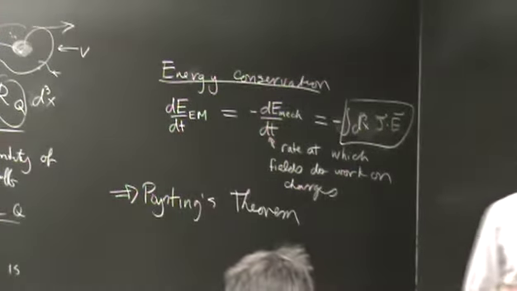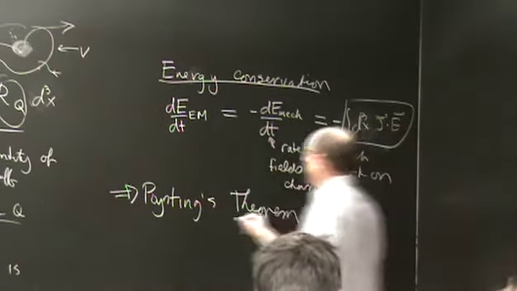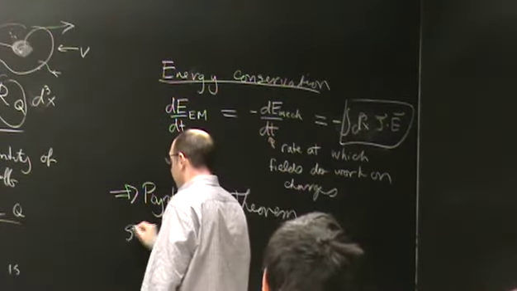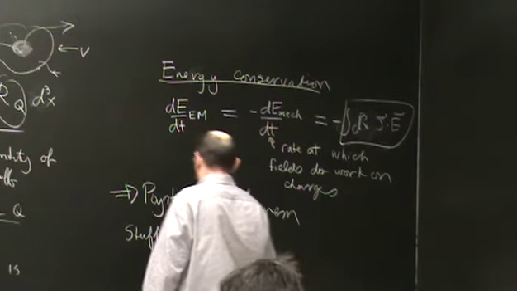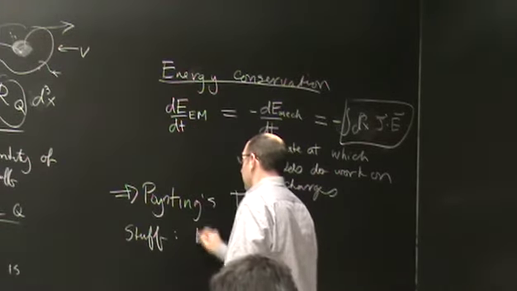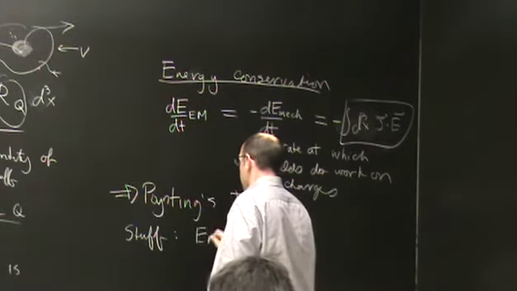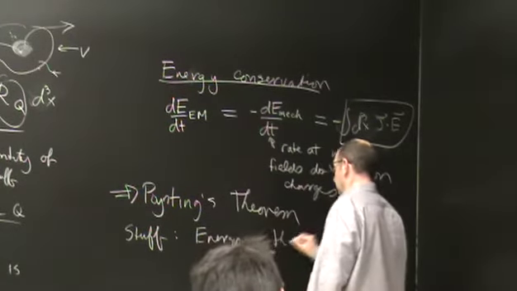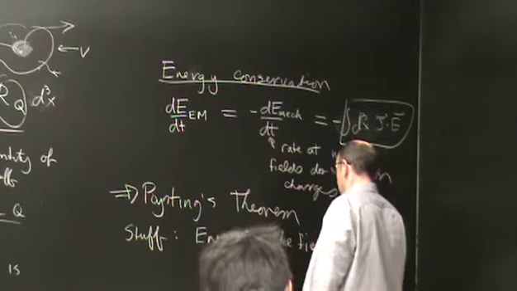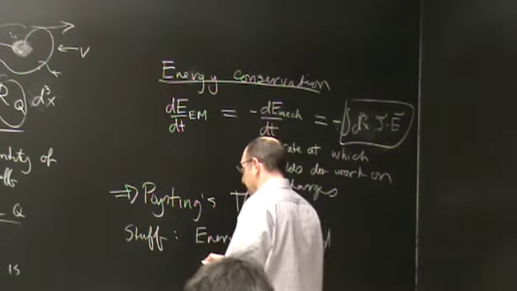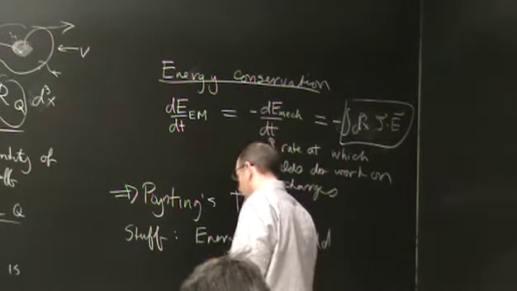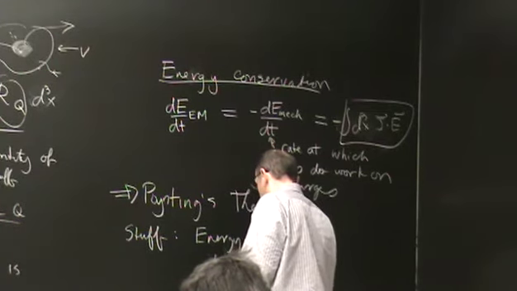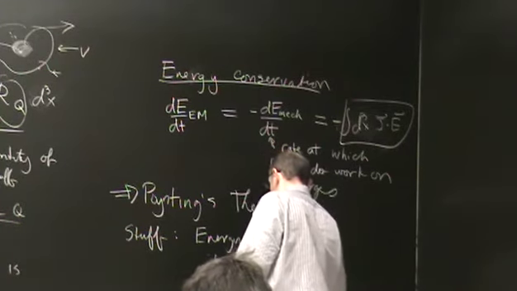So Poynting's theorem tells us that the stuff is energy in the field. And that is equal to the integral of the local energy density.